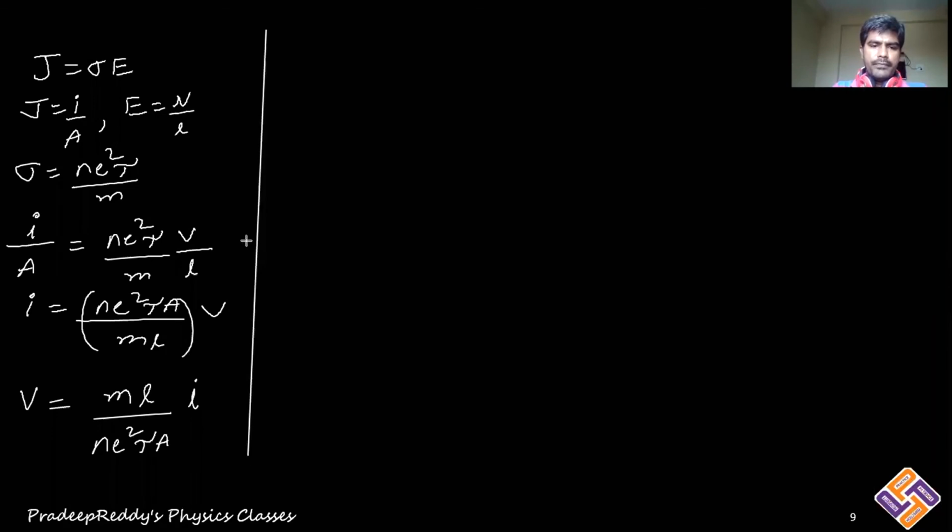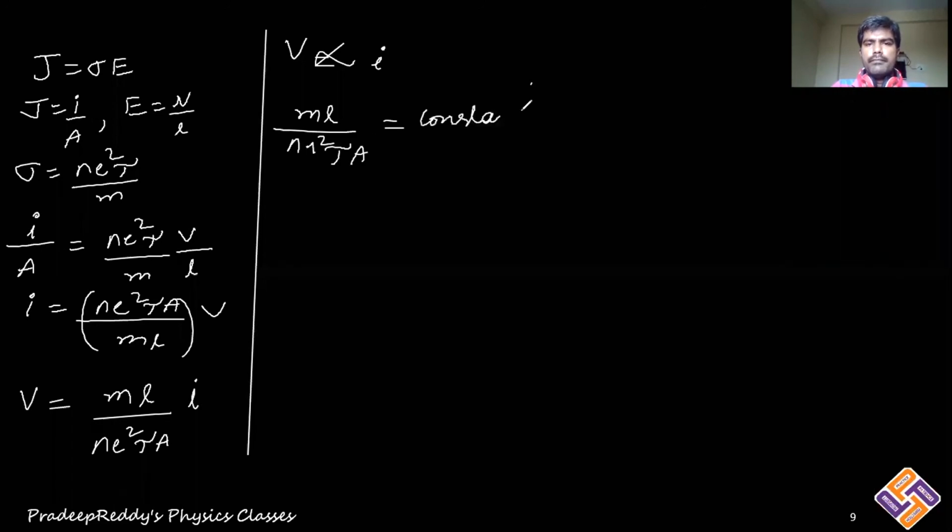From this, I can simply write V as proportional to I, considering m L by n E square tau A is equal to constant. Okay. So if this is constant, I can simply write V is proportional to I, and this constant I am representing with R, where R is the resistance.